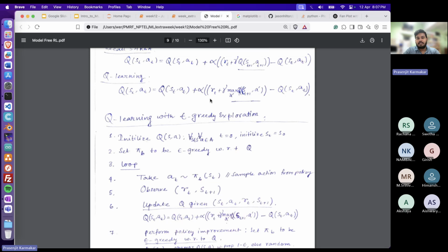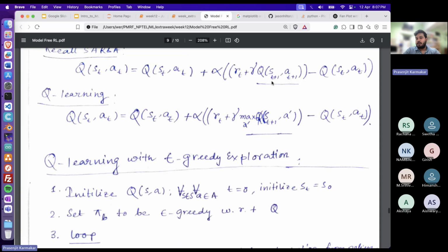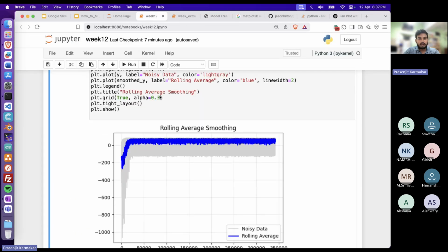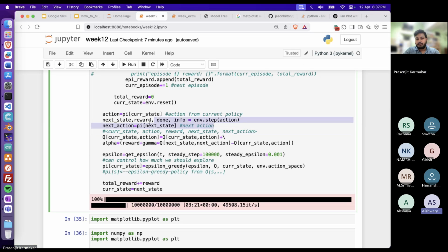So this is what Q-learning is. The update equation changes as this: Q(S_t, A_t) is equal to Q(S_t, A_t) plus alpha times (R_t plus gamma max of Q(S_t+1) minus Q(S_t, A_t)). Earlier it was Q(S_t+1, A_t+1), and A_t+1 was sampled from the policy, right? If I go and check the code, the next action was from the policy, and that is what is used for the next backup: a reward plus gamma times Q of next state and next action.